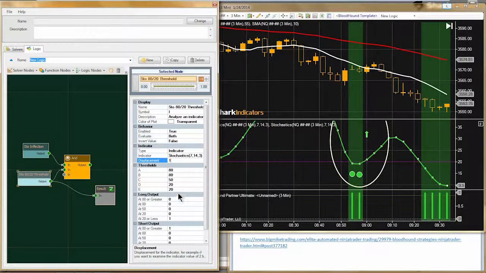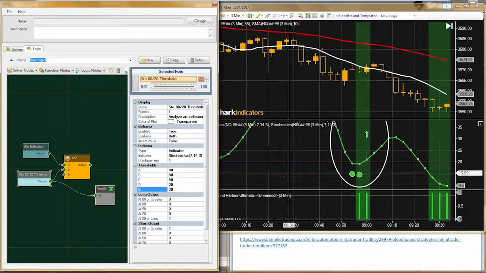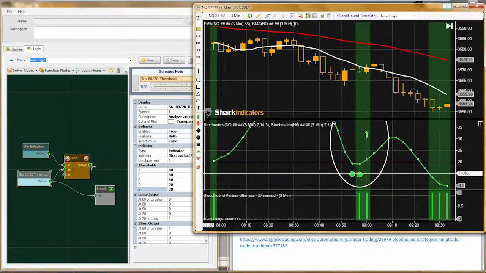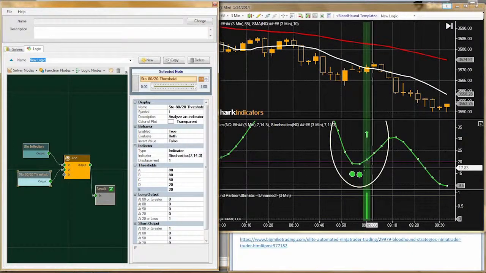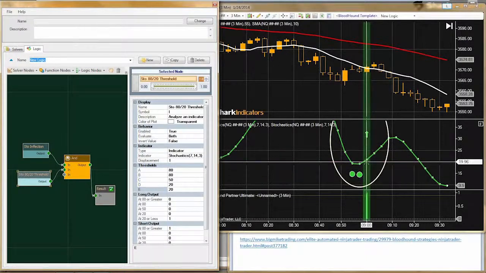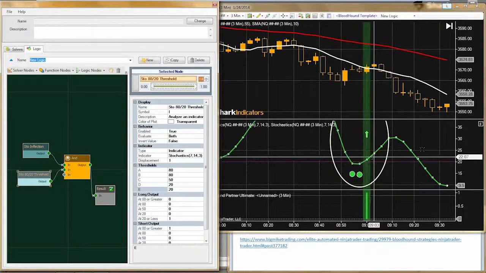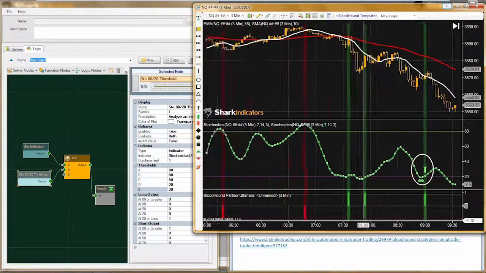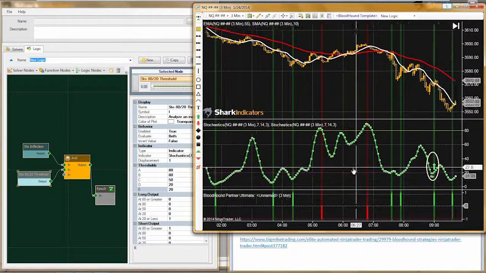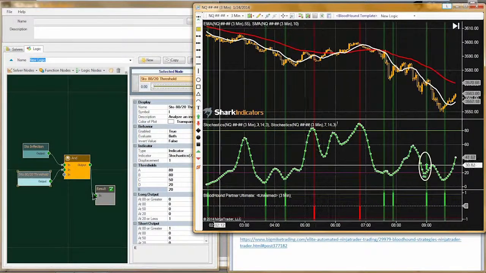If I put a displacement of 1 in there, you see how that moves forward one bar? Now if we look at the whole condition, we're getting that long signal when the stochastic dipped into 20 and then turned up. And if I shrink this up, there you go. Now you can see all the signals here are working.